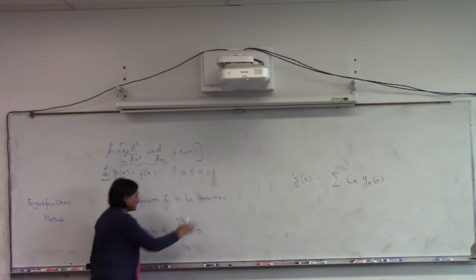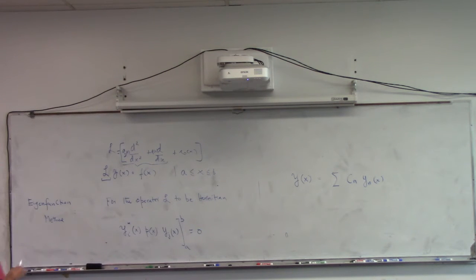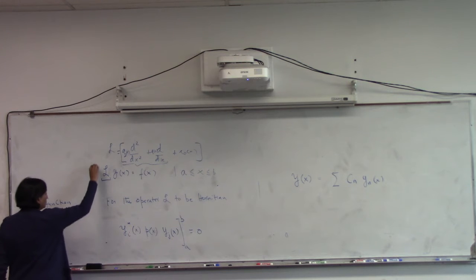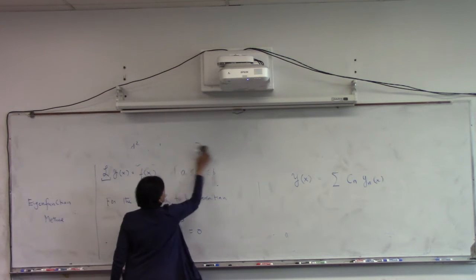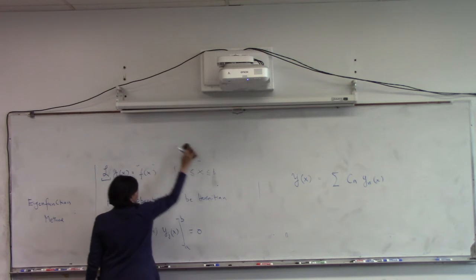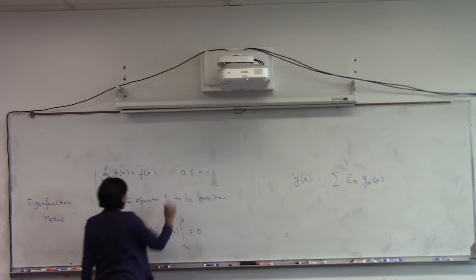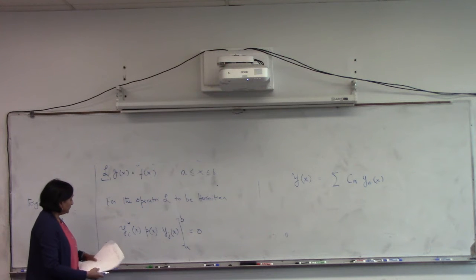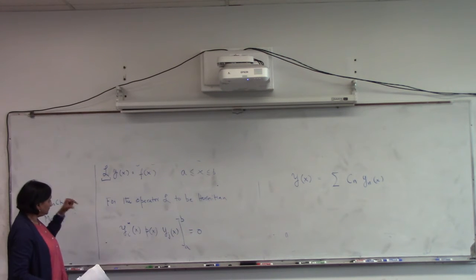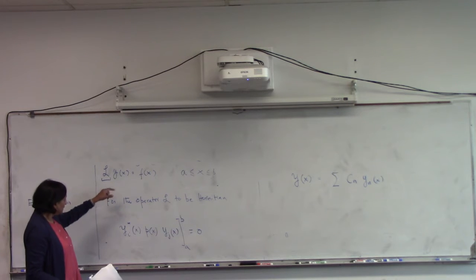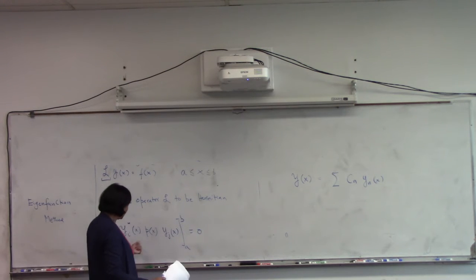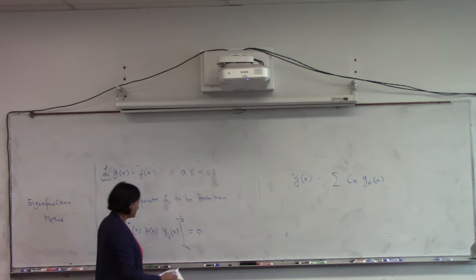Okay, so I'm going to prove these things in the next class, but for now, what we're trying to do is solve an inhomogeneous differential equation in a certain domain. In that domain, the L operator will be Hermitian if the solution satisfies this boundary condition, which means the following.